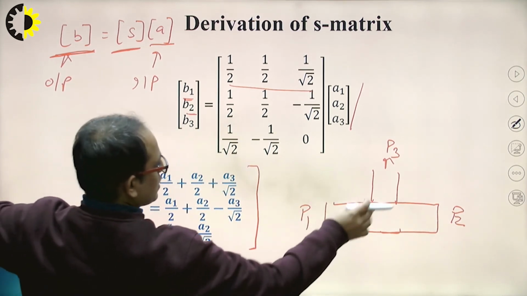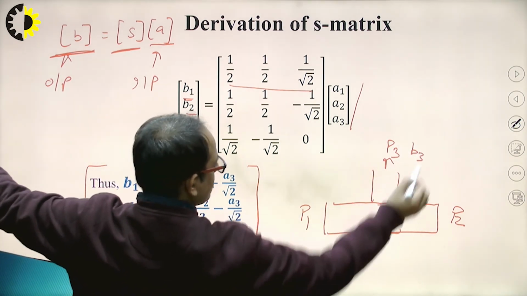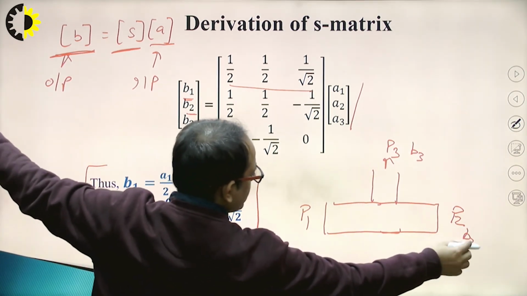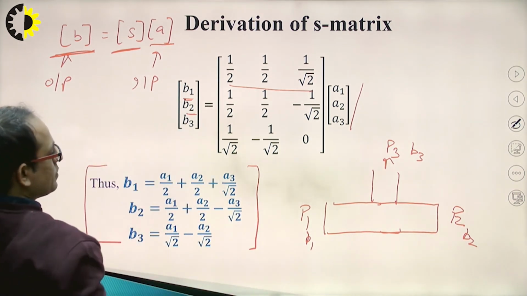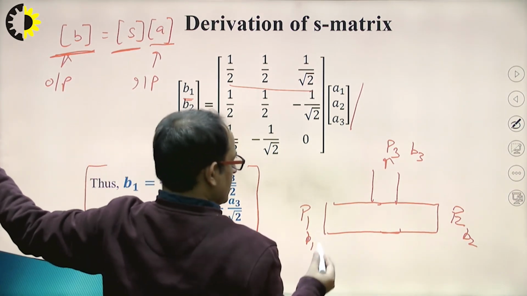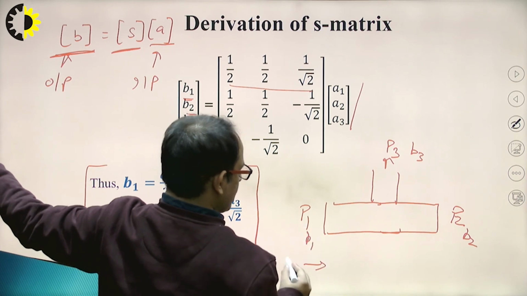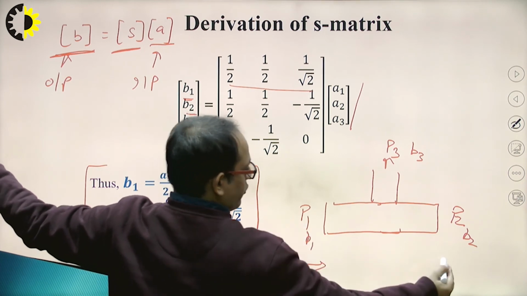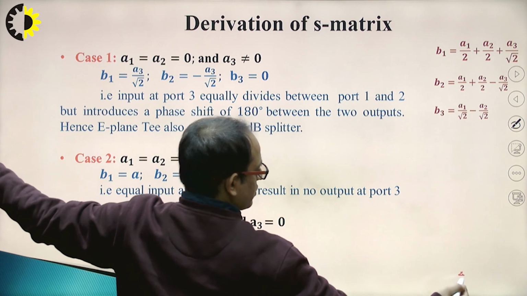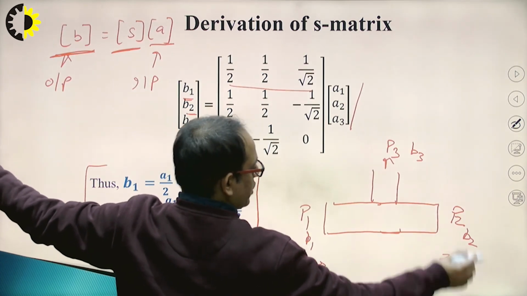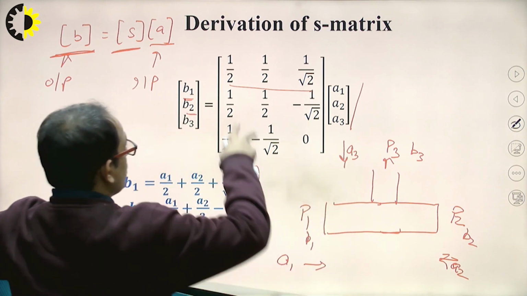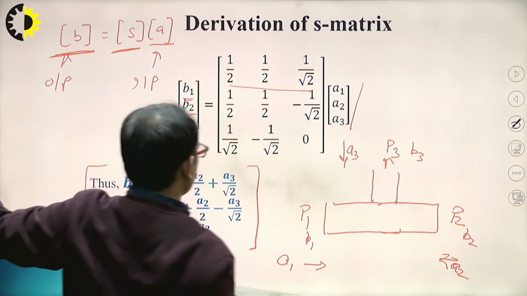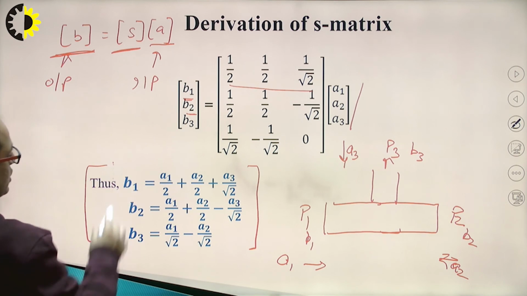If I say output at port number 3 is known as B3, output at port number 2 is known as B2, and B1. Clear? So B1, B2 and B3. And if P1 acts as an input, that is A1; if P2 acts as an input, that is A2; if P3 acts as an input, that is A3. So matrix multiplied by A1 to A3, you will get these two equations.